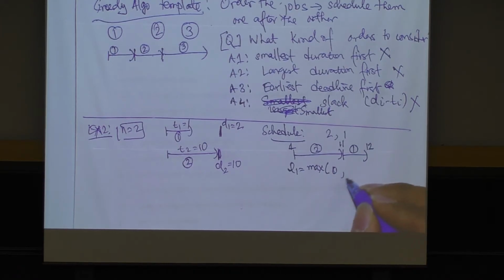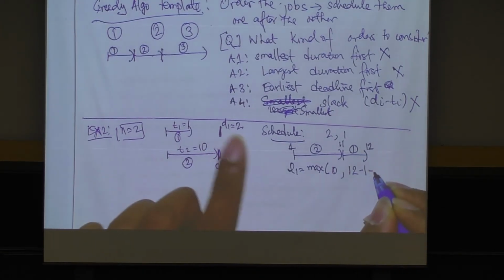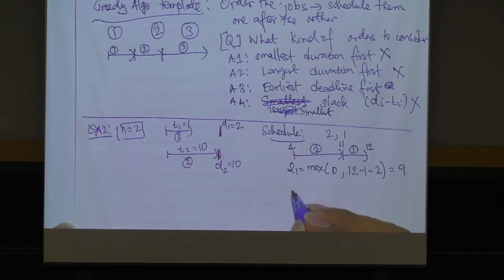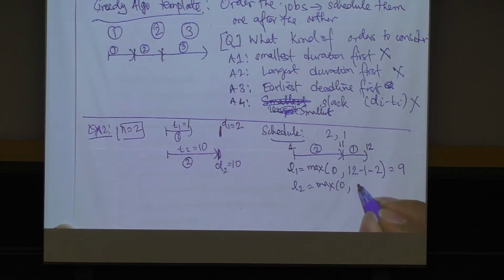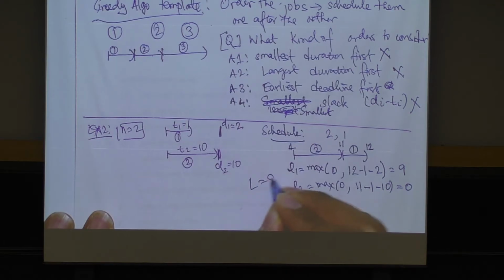All right, so it's max of 0, and then you finish at 12. So 12 minus 1 minus deadline of 2, which is 9. And if you look at the second guy, it's max of 0, 11 minus 1 minus 10, which is 0. So you did pretty well with the second guy, but you really gave up a lot on the first guy. Right? And so in this case, lateness is 9.